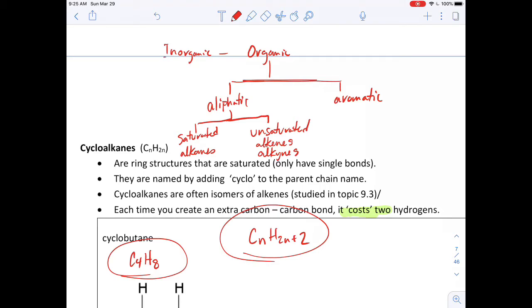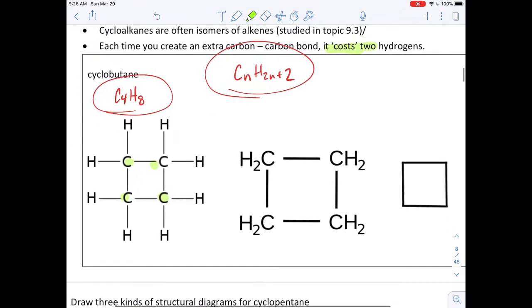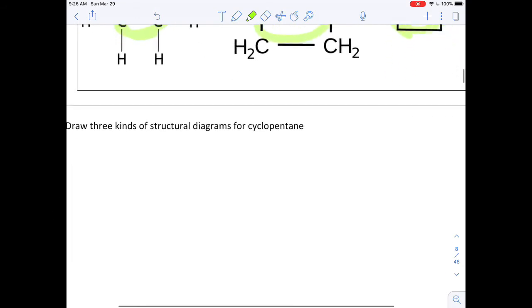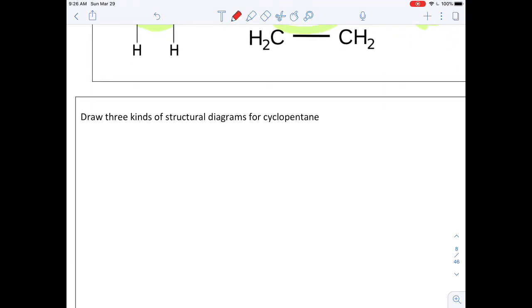So we're still talking about saturated alkanes, but now they're cyclic ring structures. Cyclobutane can be shown in 3 different ways of drawing it: the structural diagram, condensed structural, and line structural diagram. If we were to do the same sort of work for cyclopentane, it's going to have 5 carbons in a ring structure.